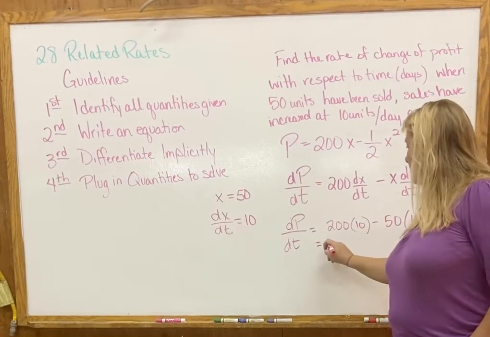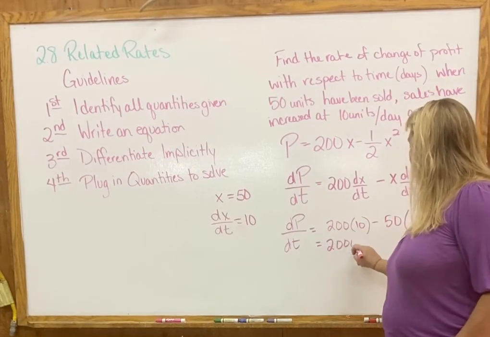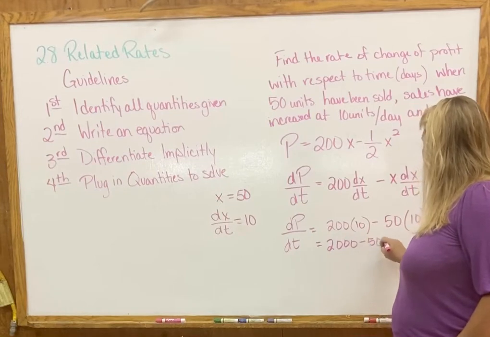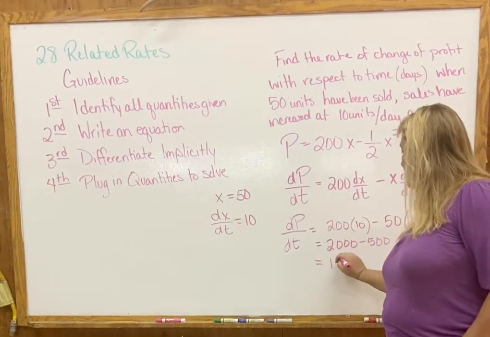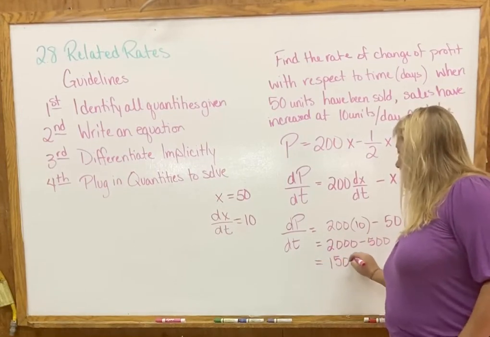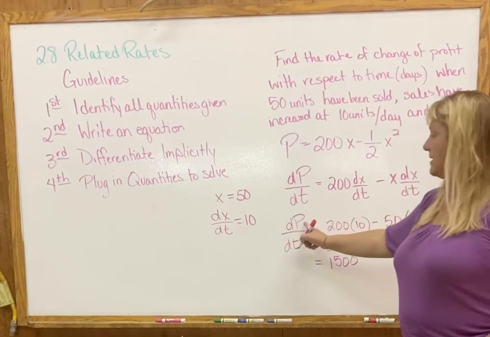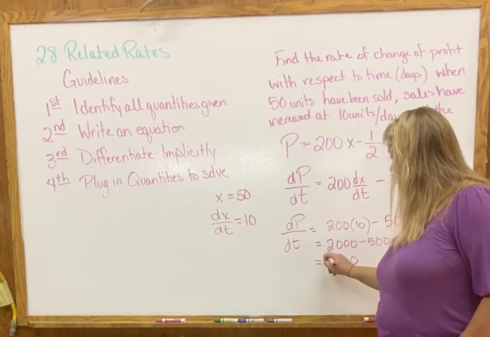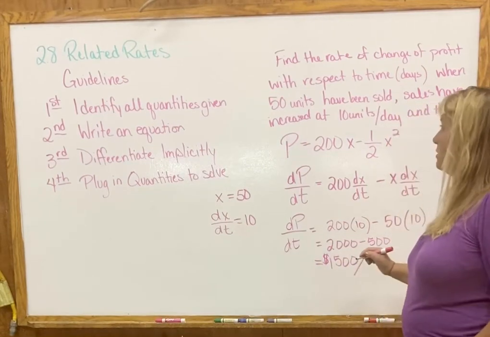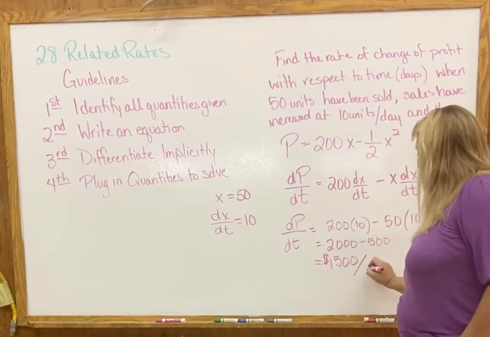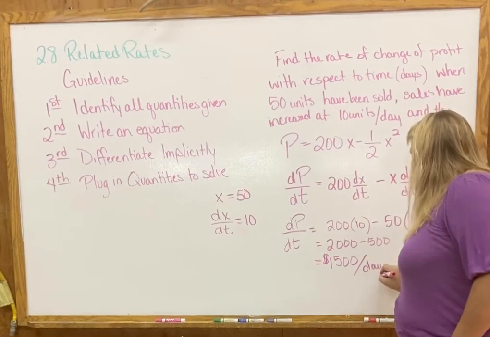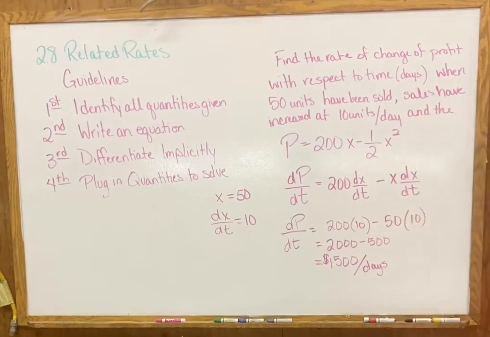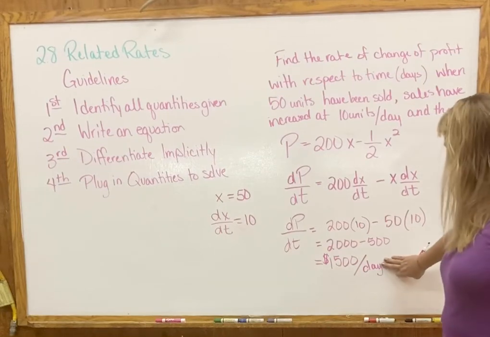So we get 2,000 minus 500, so 1,500. Now remember, this is dp/dt, so profit is in dollars, and our time was in days. So profit is changing $1,500 per day, not per days, per day.